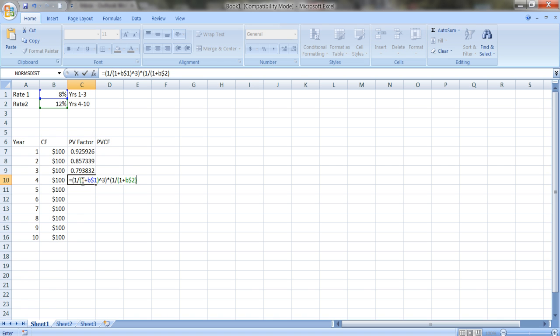Remember, you're going to get 3 years of 8% and then 1 year of 12%.